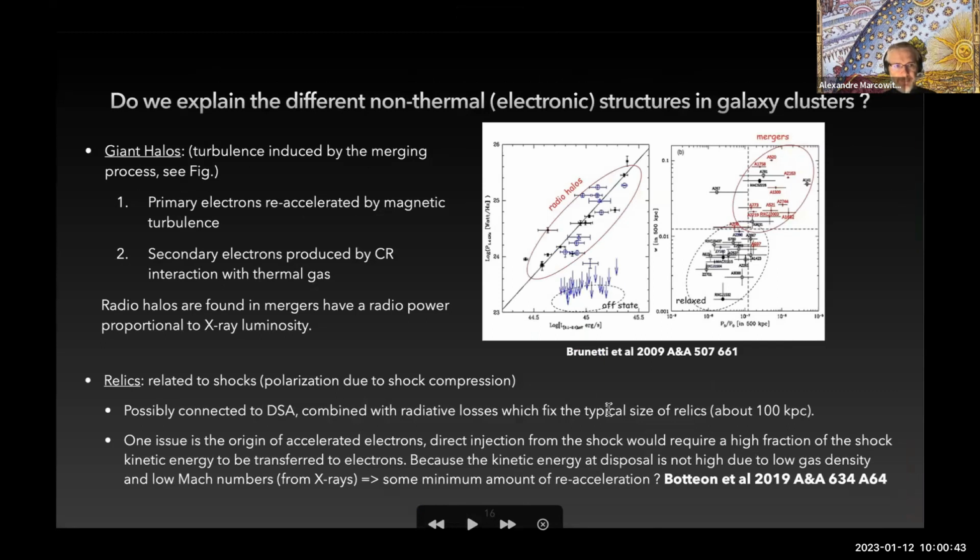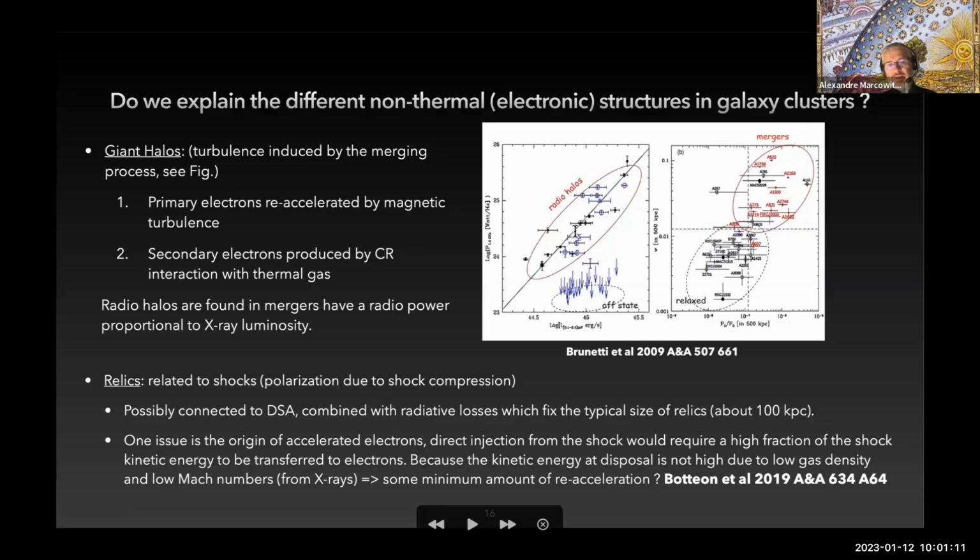It is likely produced either by primary electron reacceleration by magnetic turbulence, or by secondary electrons produced by cosmic ray interaction with the thermal gas, producing charged pions, which decay into electron-positrons, which further radiate in synchrotron radiation. You have a good correlation between radio halo power and X-ray.